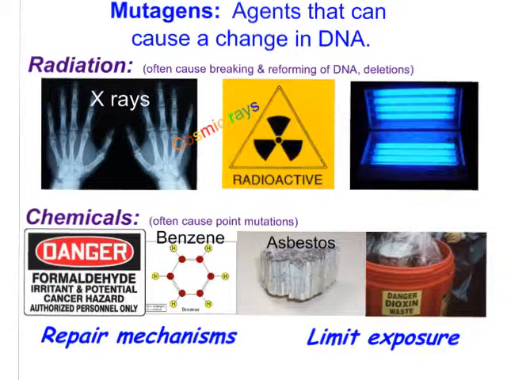It's no longer used in construction, but some of these chemicals cause point mutations that can be damaging to life, to us, to other living things. Although our bodies do have repair mechanisms and cells have amazing ways of checking for mistakes, it is best to limit our exposure when we can to mutagens.